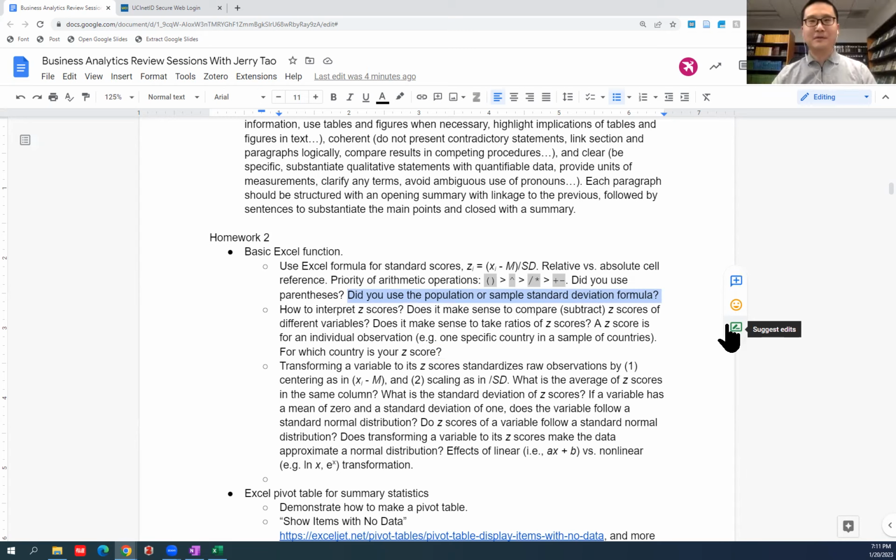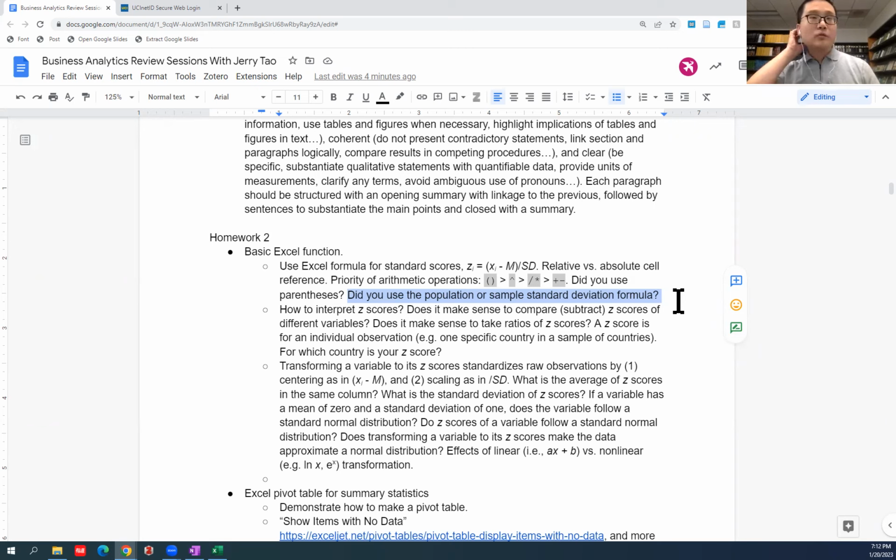Yeah, so that's the short version. However, I would like to point out that in practice, we rarely use the formula for population standard deviation simply because we don't know it, and most of the time we need to estimate it. That's why we have to use the sample standard deviation nearly always. But for pedagogical purposes, this time we are encouraged to use the population standard deviation formula.